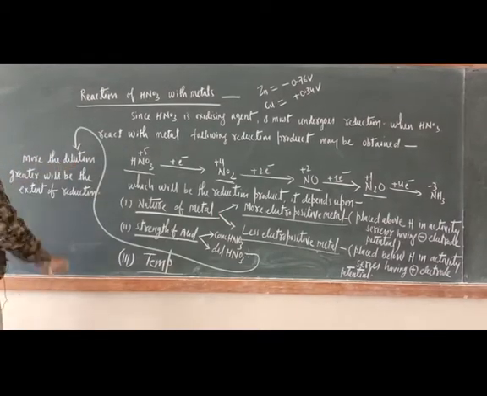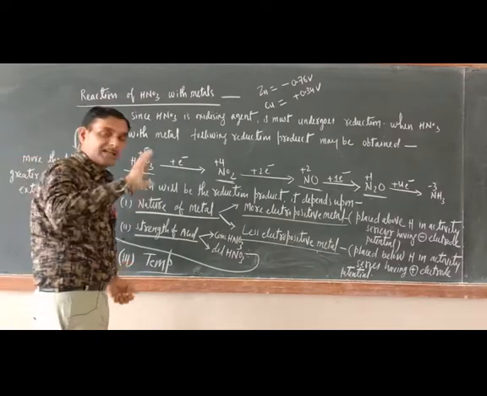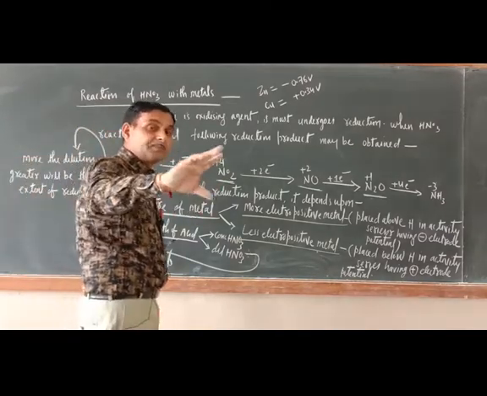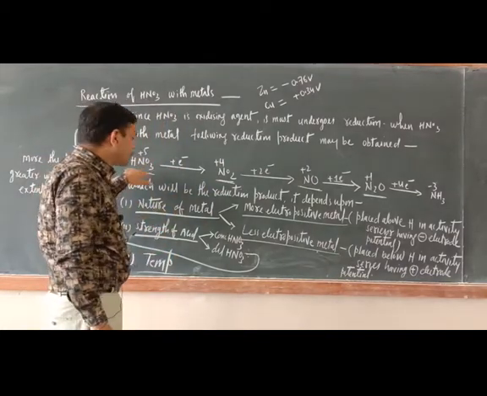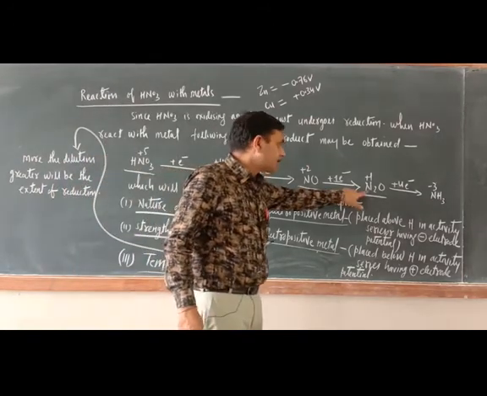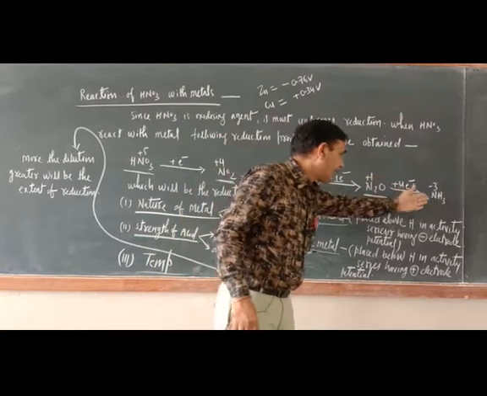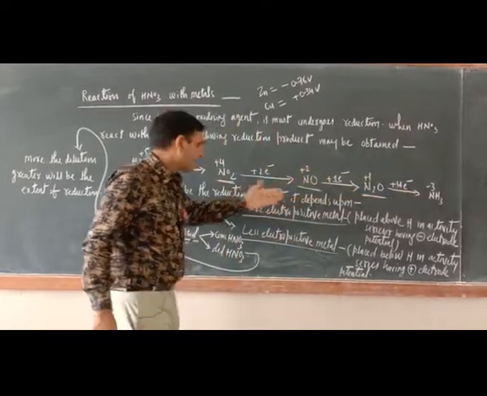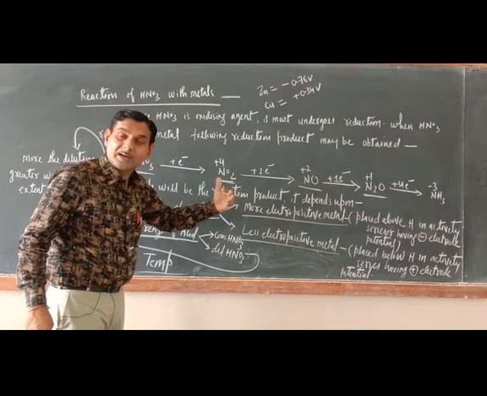What is the meaning of this? It means if you take dilute HNO3, the extent of reduction will be more, meaning you will get either this one or this one, but you will not get this one. The extent of reduction is more.